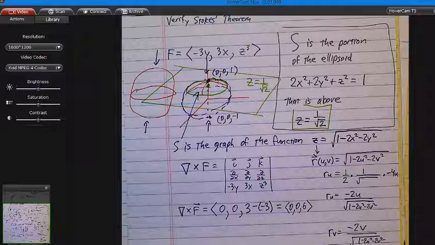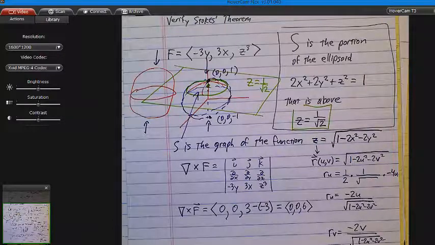Okay. So now normal vector. I guess r_u cross r_v. Of course, maybe I should go back to x's and y's just to be comparable.